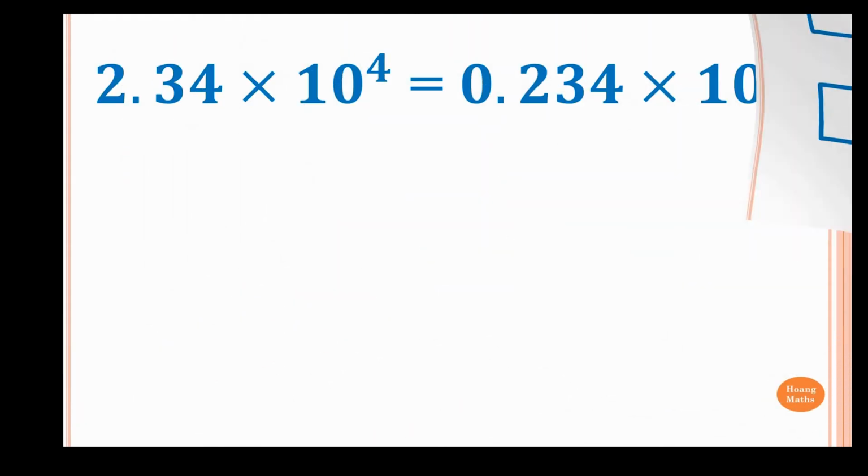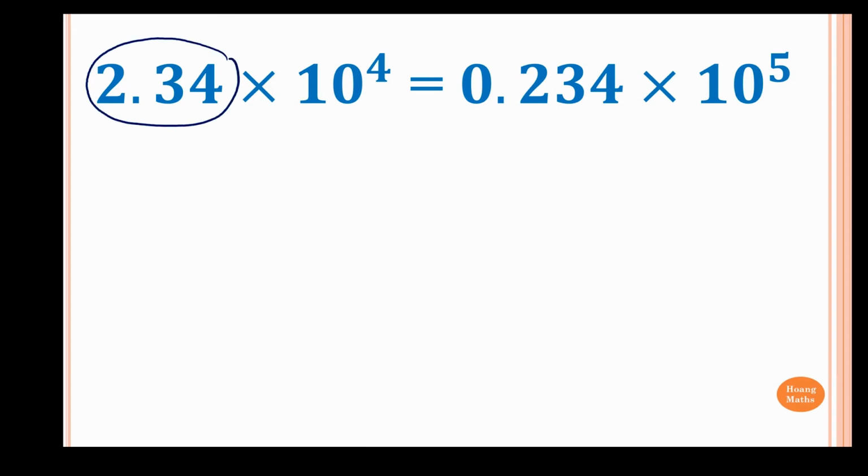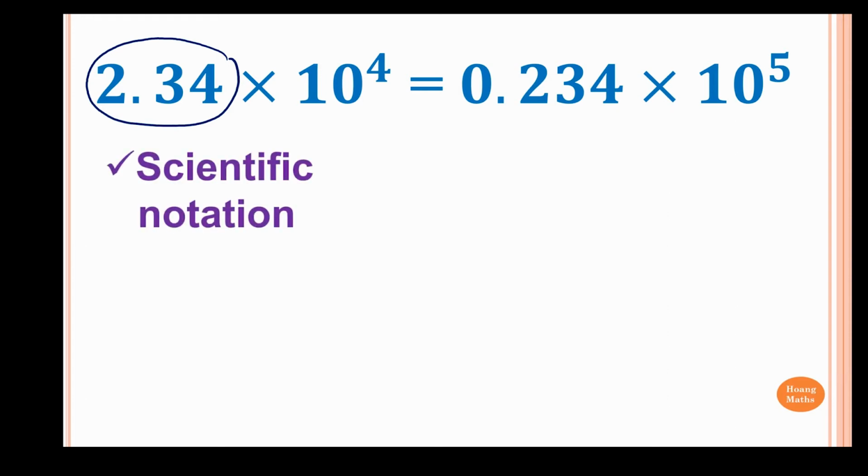For example, 2.34 times 10 to the power 4 is equal to 0.234 times 10 to the power 5. But because 2.34 is between 1 and 10, that is scientific notation.